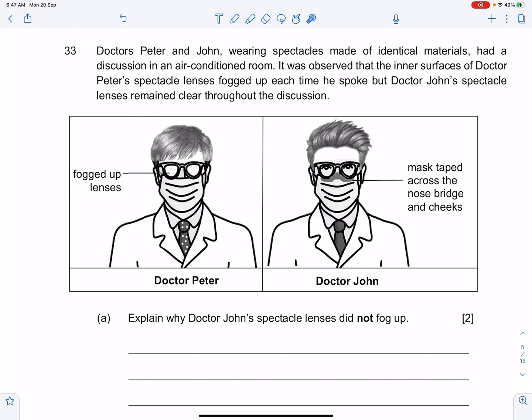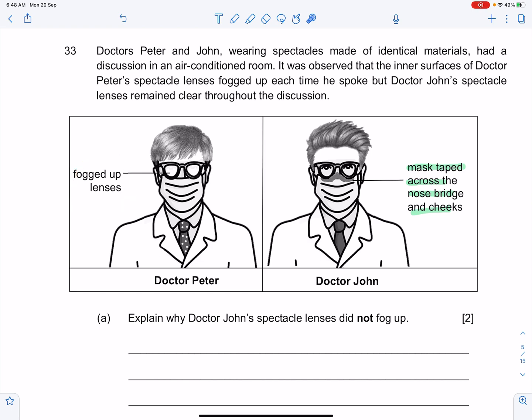Explain why Dr. John's spectacles did not fog up. Now, whenever there are two diagrams, I always tell my students to mark out what is the difference. So the difference is that the mask is being taped across the nose bridge and cheeks, whereas this side there's no such thing, and this one has the fogged up glasses.